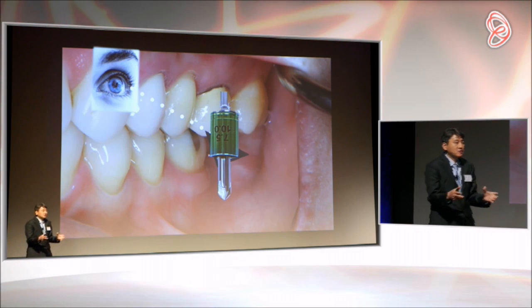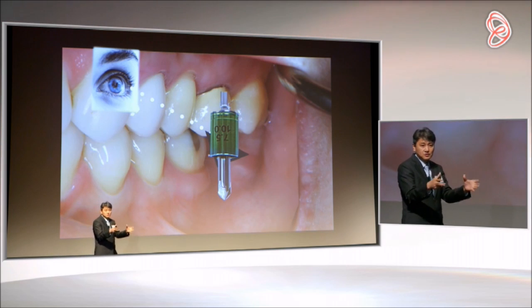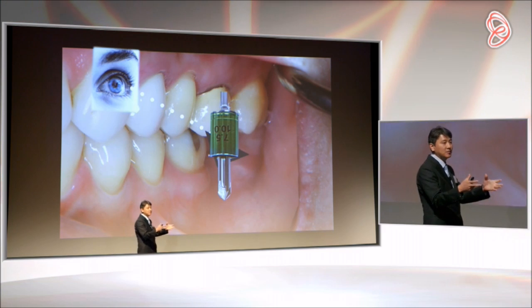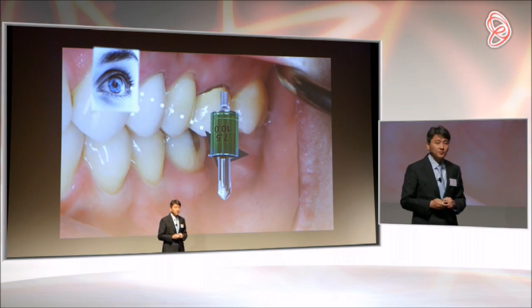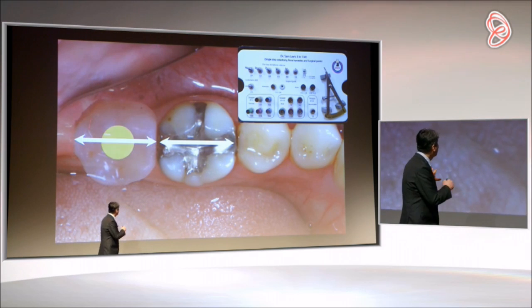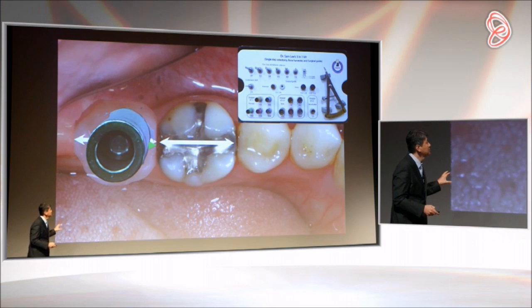able to position myself in the middle of our final restoration, because our final restoration will be 10 millimeter in diameter for a molar. So I utilize this concept so that I can always position myself in the middle of our restoration.